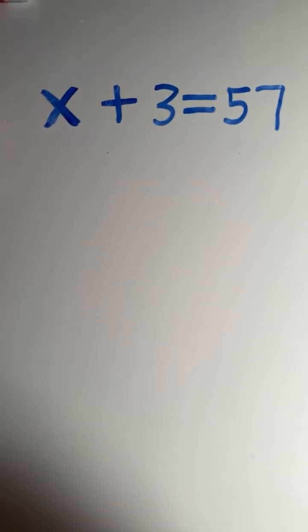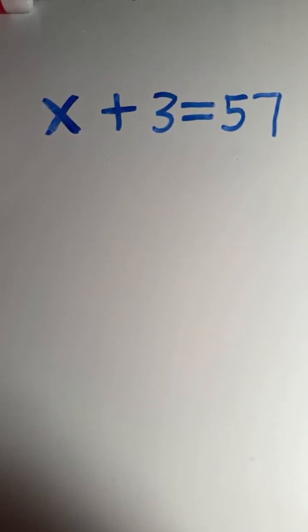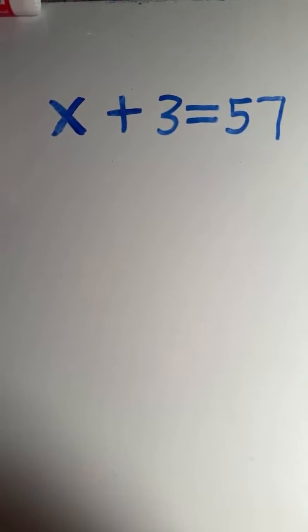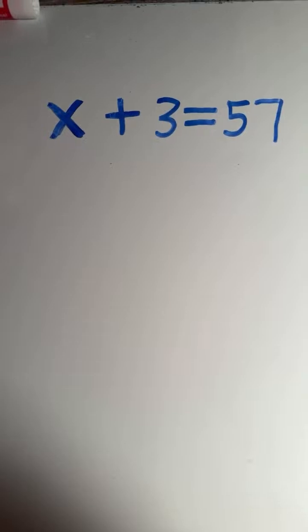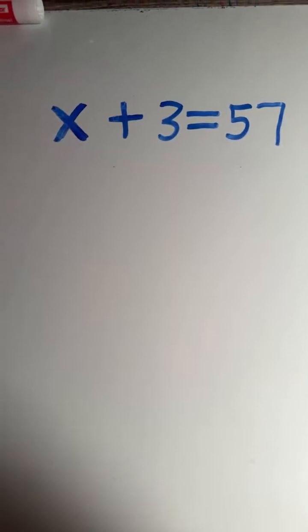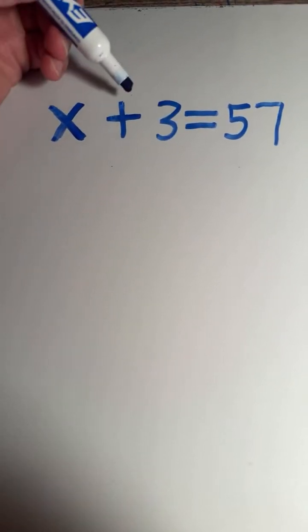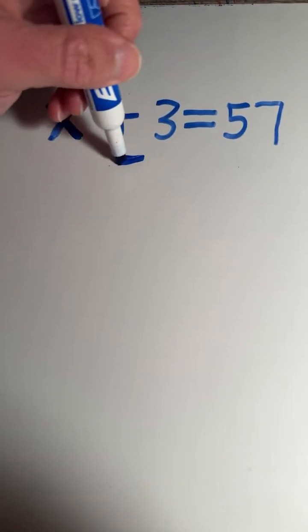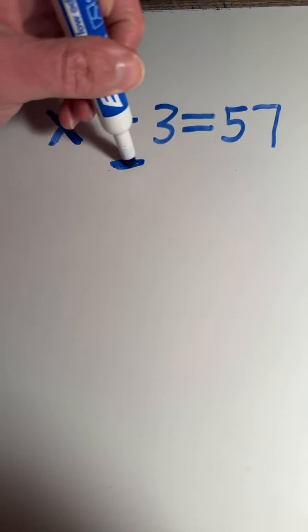So let's say hypothetically x plus 3 equals 57. So to figure out what x is, we have to get x by itself. We have to get the 3 on the other side of the number line. And we do that by subtracting. Because the operation in the number sentence is addition, we have to subtract to get it on the other side of the number line.